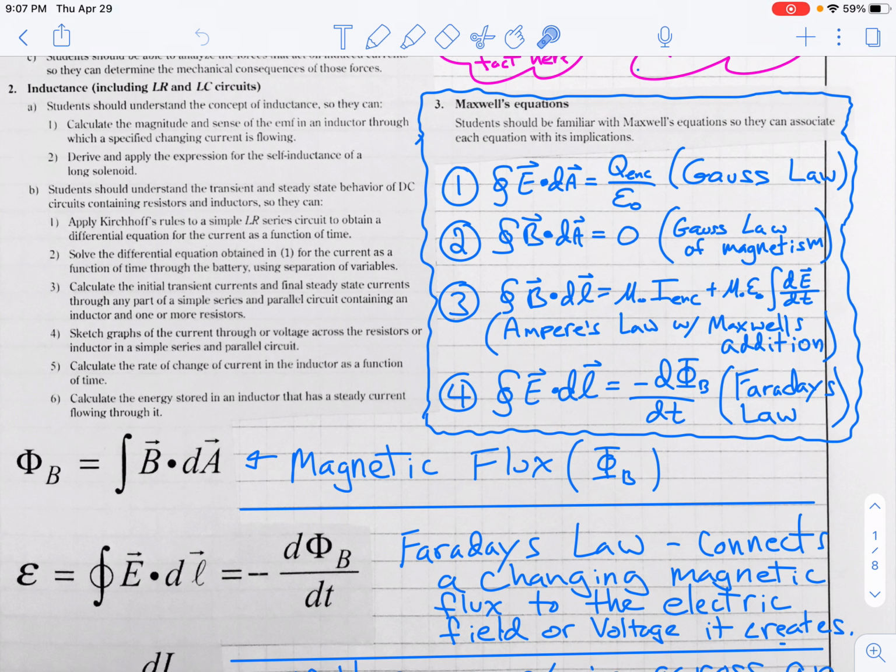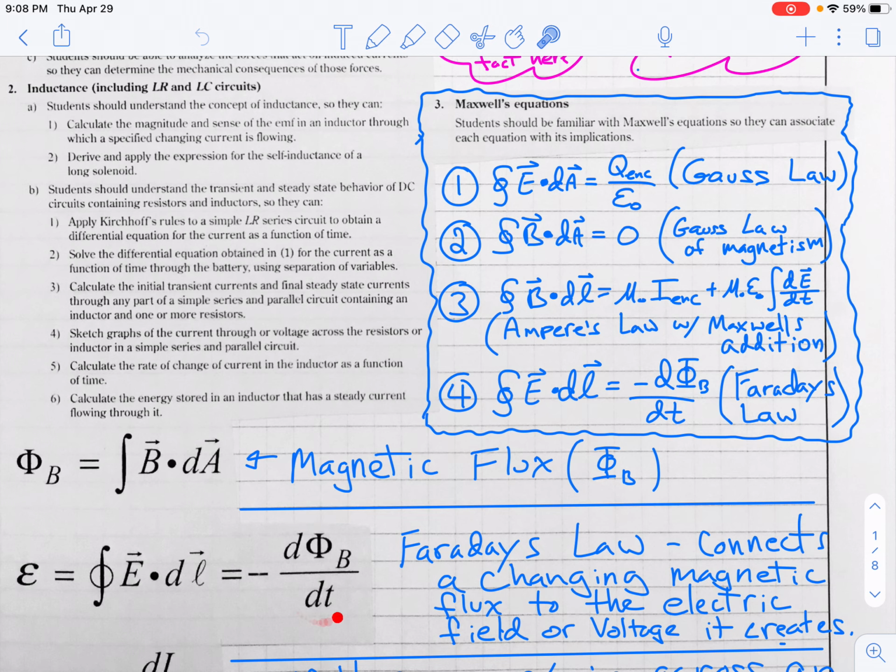This is Faraday's law, and you'll notice it's a little different than the version of Faraday's law that I wrote up here. Epsilon here is a voltage, and voltage, remember, was the integral of E with distance, E dx. So this dl could be like a dx, so this is voltage, and this is the change in magnetic flux.